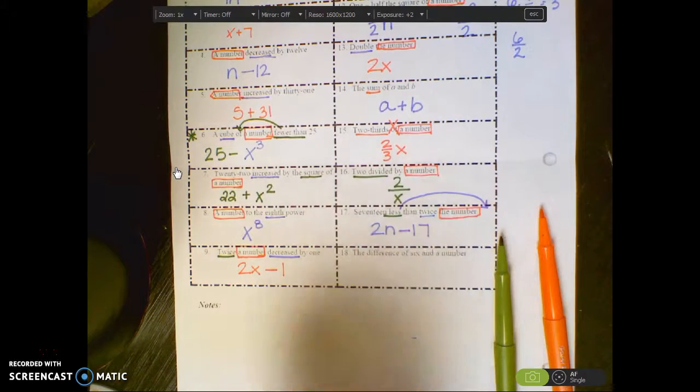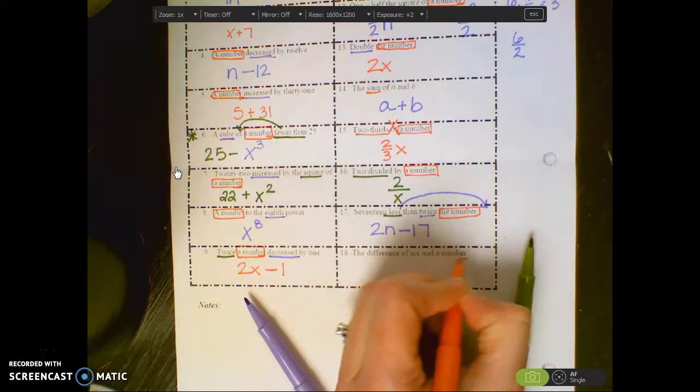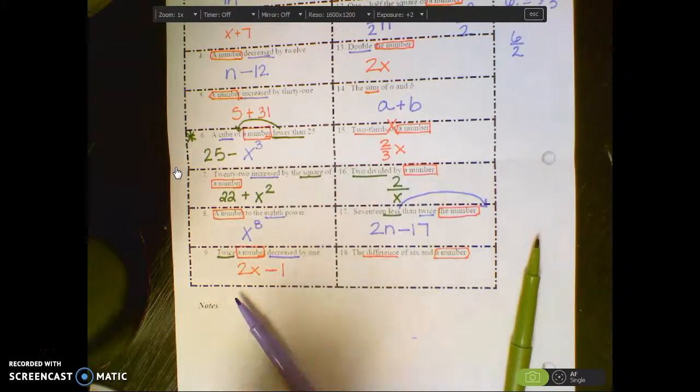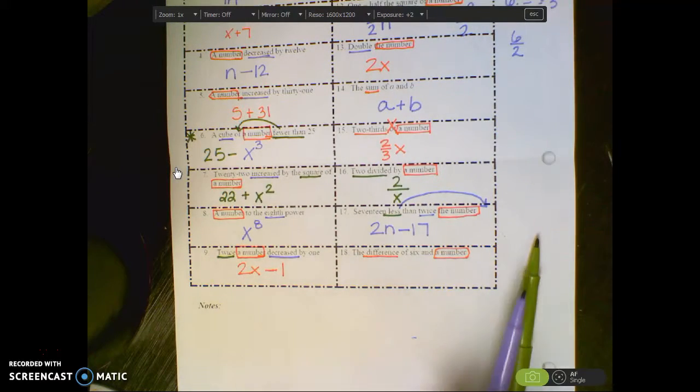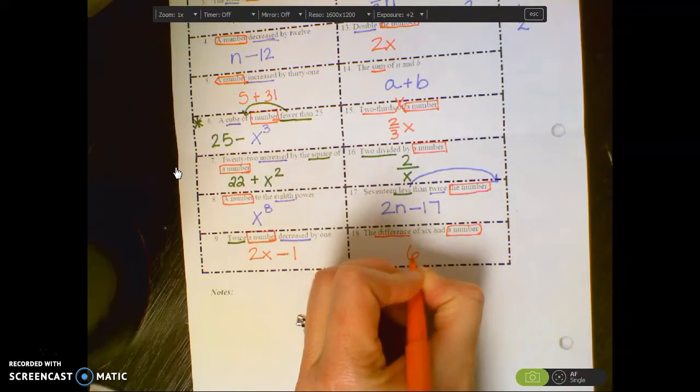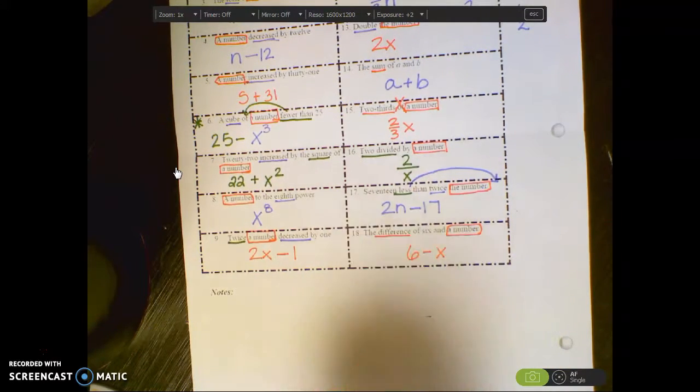Less 17. Okay, last one, the difference of 6 and a number. A number. The difference means to subtract. So we're going to have the difference of 6 and a number. Hopefully this is a good introduction to writing algebraic expressions.